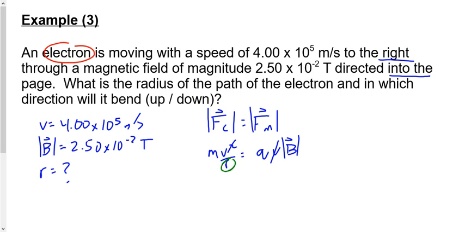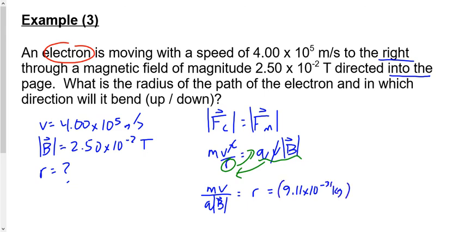Now, to get that R by itself, we're going to take it up by multiplying, and then we're going to have to take the QB down by dividing. So we end up getting MV over QB equals R, the radius of the path of this electron. Let's sub in our numbers here. We got a mass of 9.11 times 10 to the minus 31 kilograms.